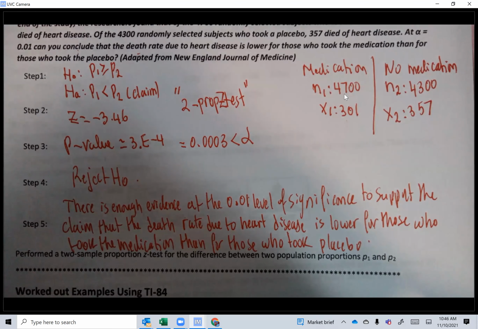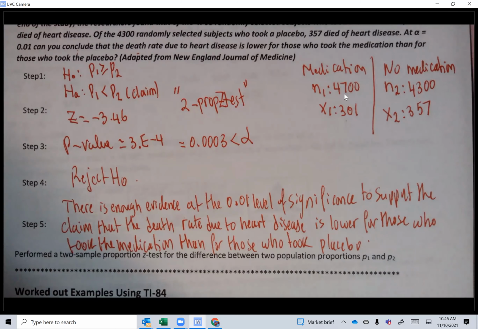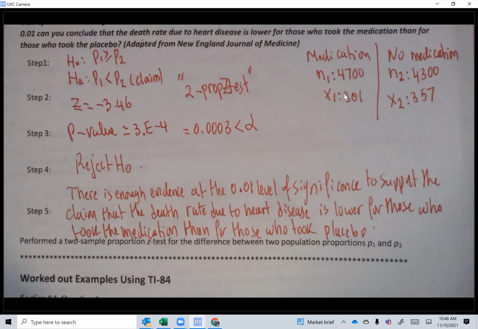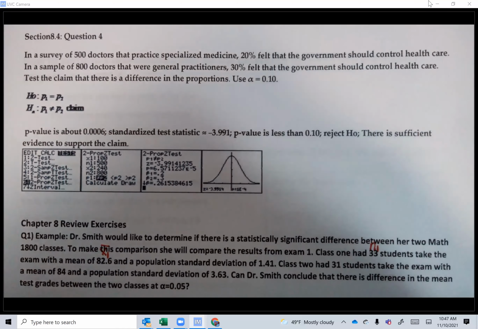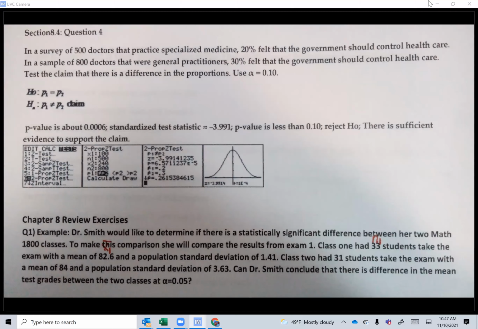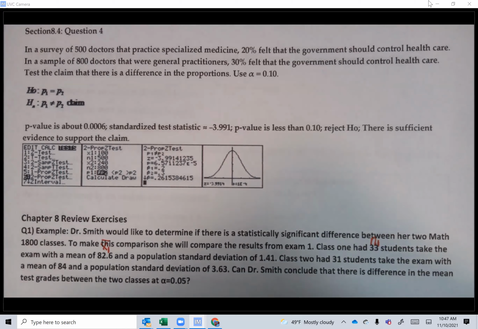Okay, I want to do one more exercise in this section, guys. So let's do, just let me pause for 1 second. In a survey of 500 doctors that practice specialized medicine, 20% felt that the government should control healthcare.